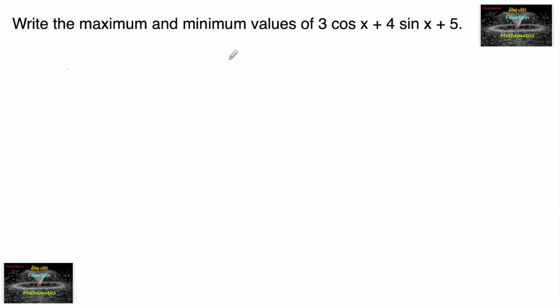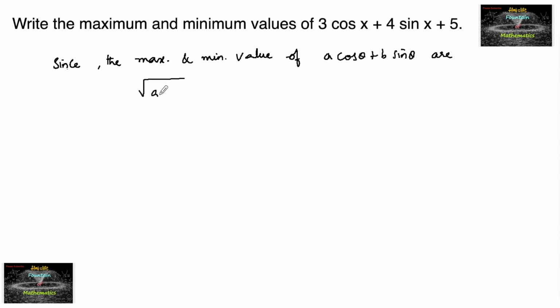Write the maximum and minimum values of 3 cos x plus 4 sin x plus 5. Since we know that the maximum and minimum values of a cos theta plus b sin theta are root over a square plus b square and minus root over a square plus b square, maximum and minimum values respectively.